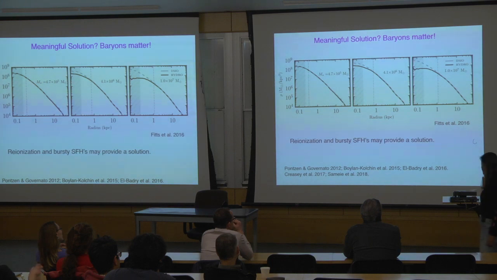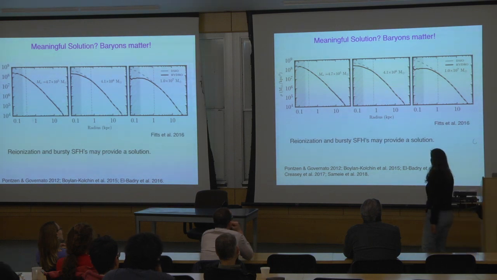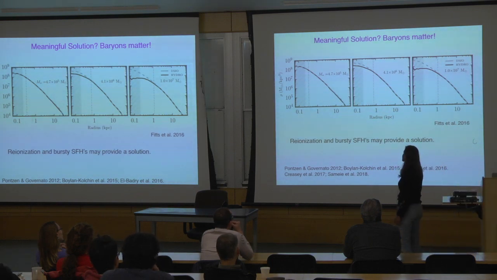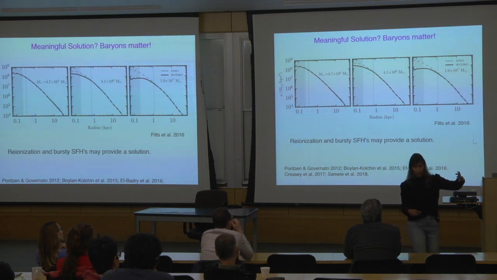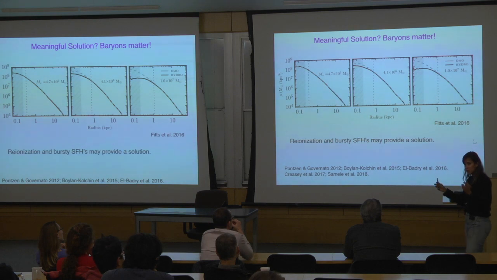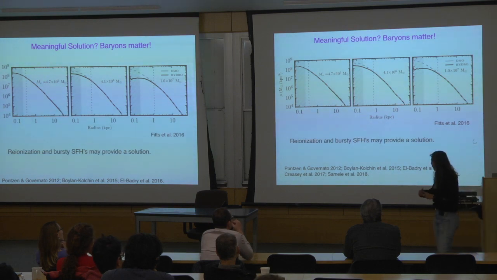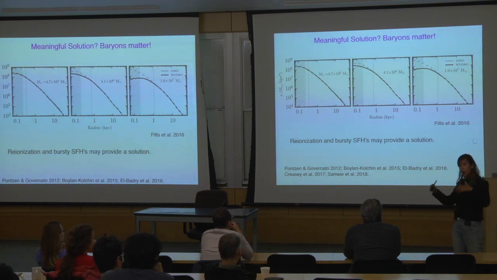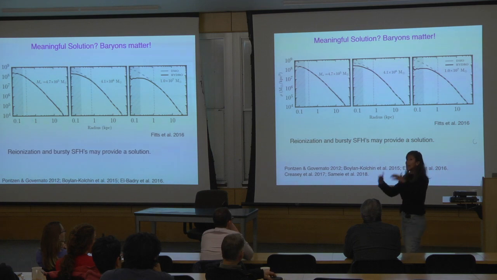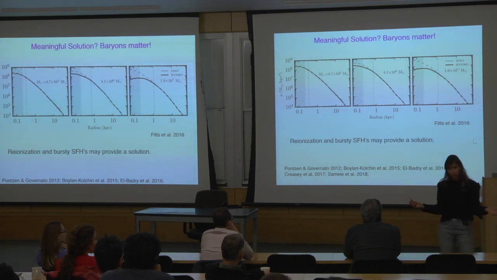Okay, and the idea here is that baryons via star formation, okay, so the feedback from the star formation process, specifically bursty star formation histories in dwarf galaxies, could, if they happen more than once, be this nonadiabatic process that can actually change the underlying potential.